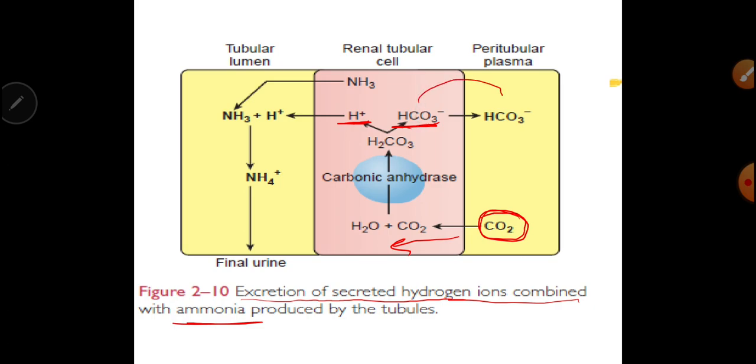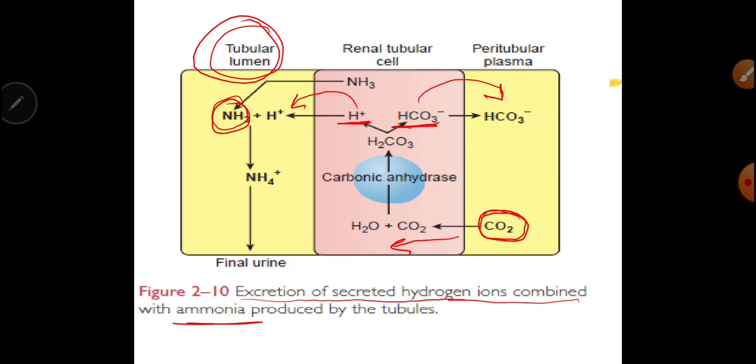Bicarbonate will move by reabsorption to the peritubular plasma, and hydrogen ion will be excreted in the tubular lumen. This time, the solute that can buffer this hydrogen ion and facilitate its excretion and secretion is ammonia.